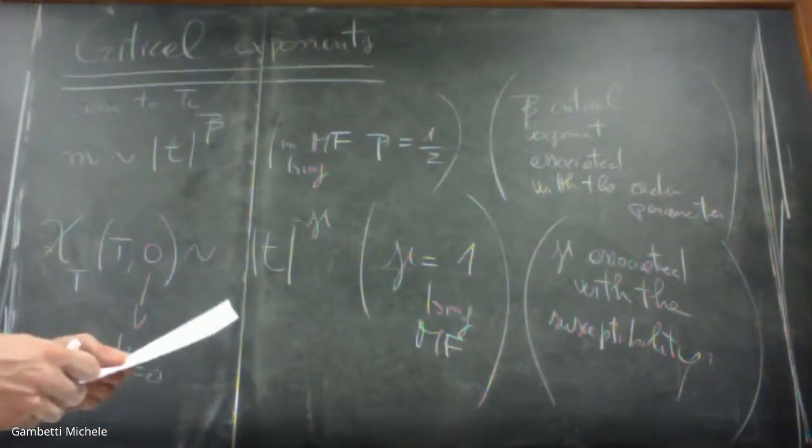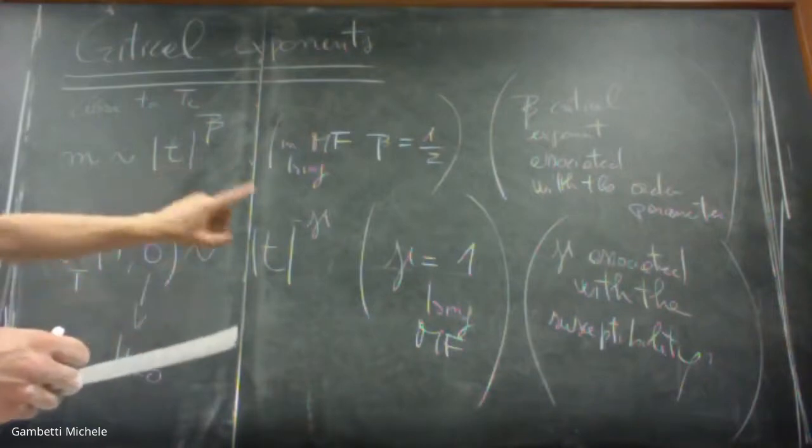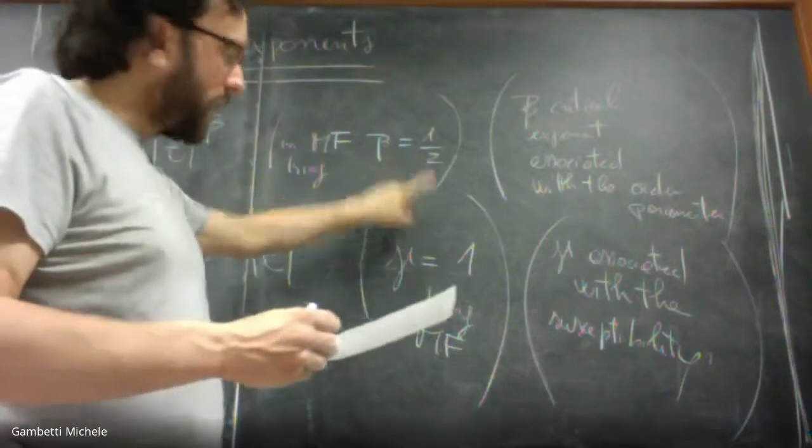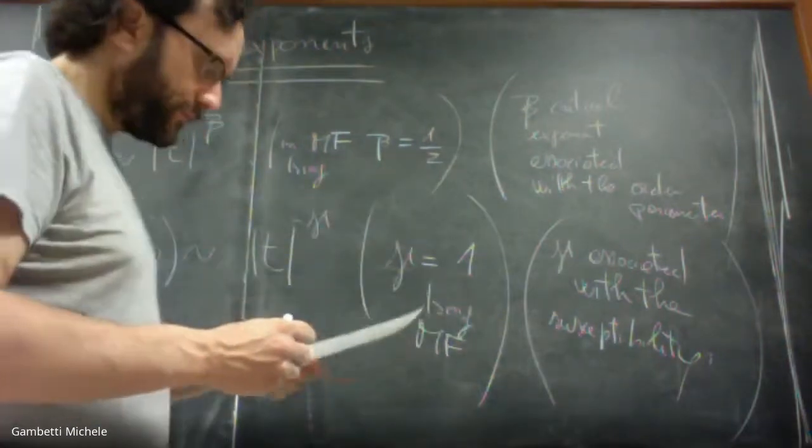Okay, but let me make a comparison. In mean field Ising, what we did now, beta is equal to 1/2 and gamma is equal to 1.